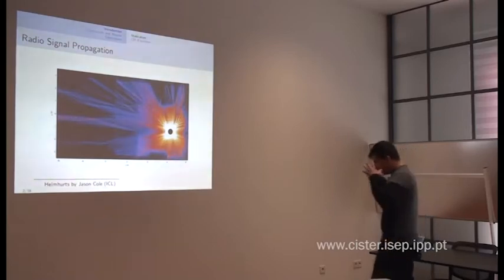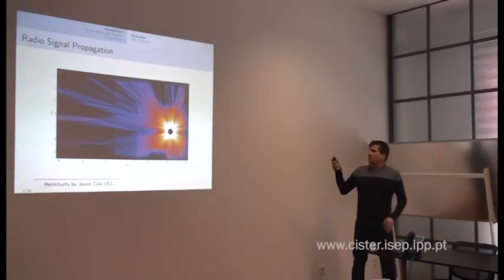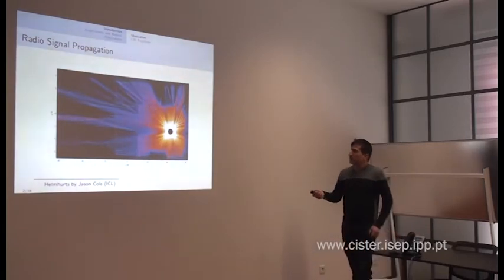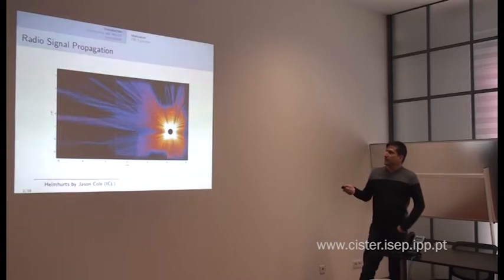So let's start with radio propagation. This picture shows a floor map, and this is the numerical solution of the Helmholtz equation, which shows the energy density of a radiator. You can think of this as a transmitter antenna.